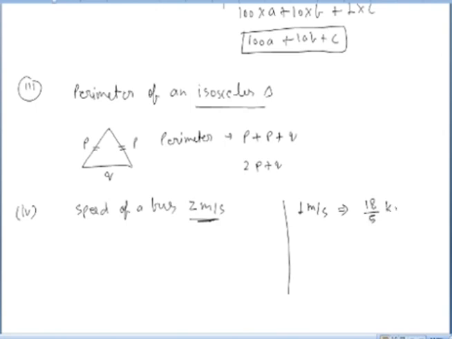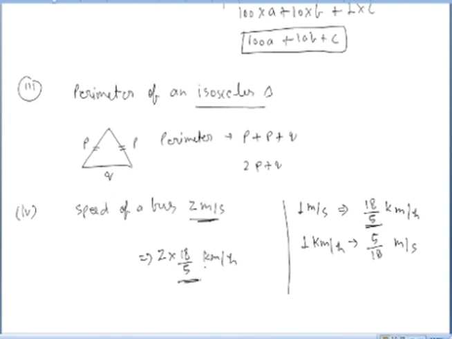Then it will become kilometer per hour. And when we have to convert from kilometer per hour to meter per second, then multiply by 5 by 18, and it will become meter per second. Okay, so we have to multiply with this. So it will become z into 18 by 5 kilometer per hour.